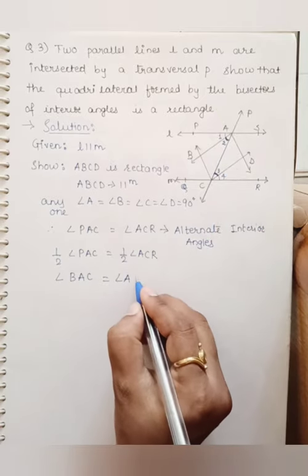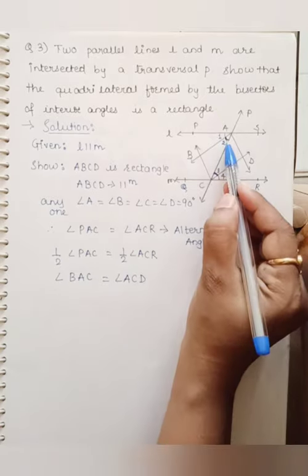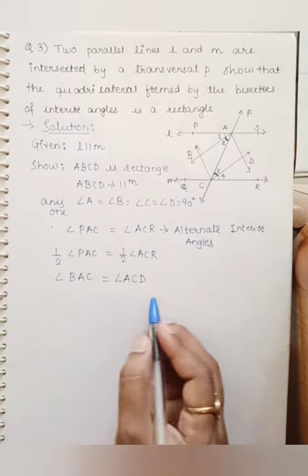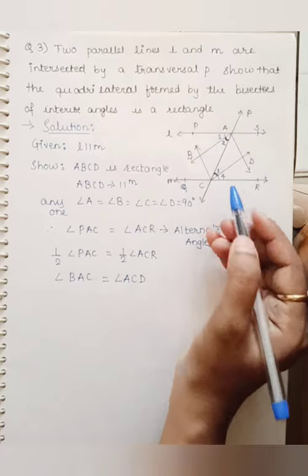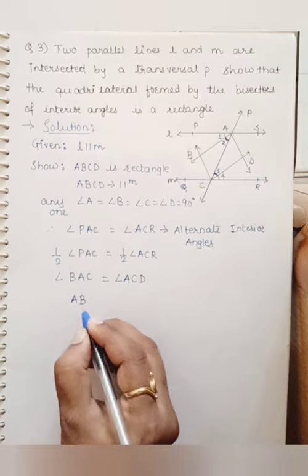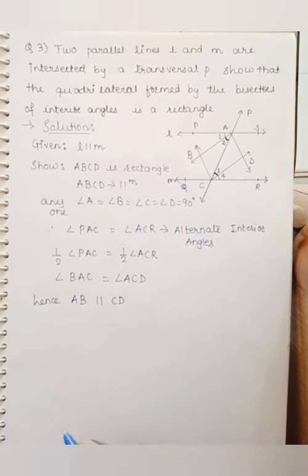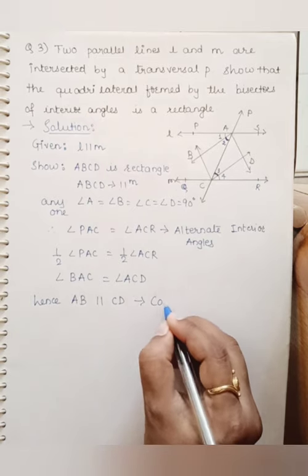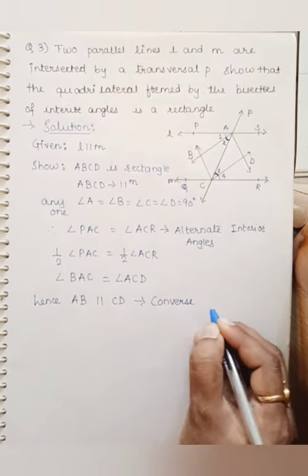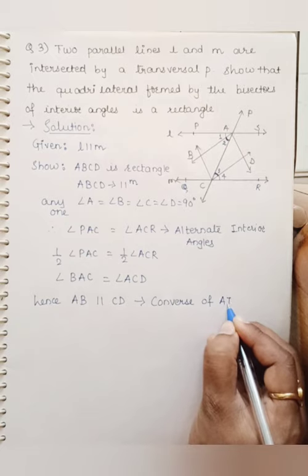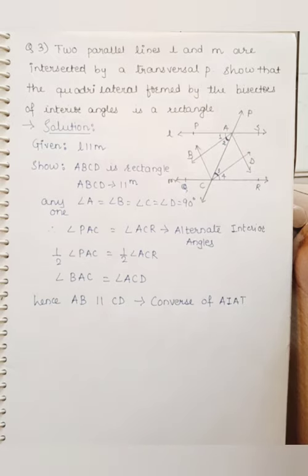So angle ACD. Now if angle 2 is equal to angle 3, what does it mean? It means AB is parallel to CD. Hence AB is parallel to CD. Yes, reason: converse of alternate interior angles theorem. Okay.